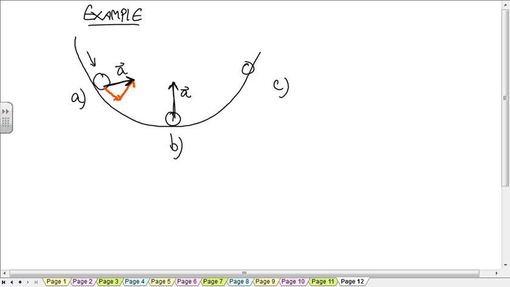Opposite. So there'd be a component like this. It's still turning to the left, so there'd be a component like this. And the net effect is an acceleration vector that way.